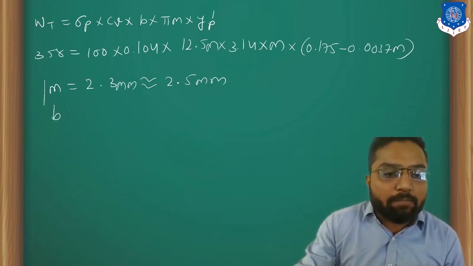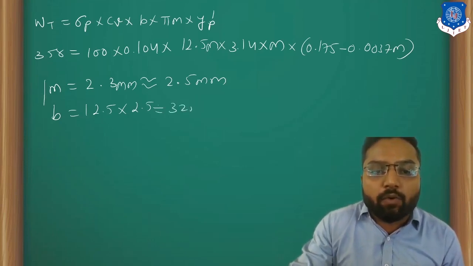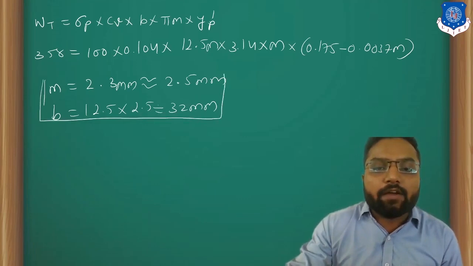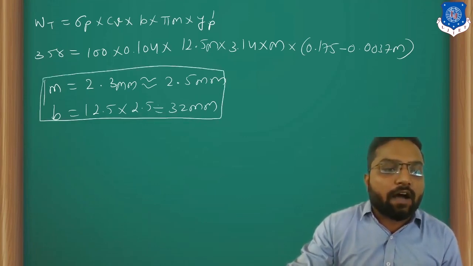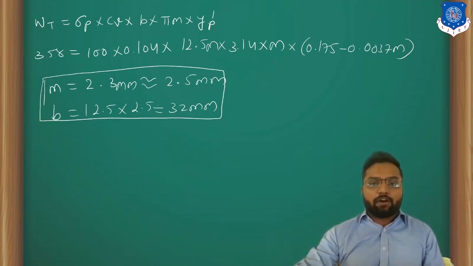So depending on that, B will be 12.5 into 2.5 mm, which is almost equal to 32 mm. So we have found out module and face width of our gear. Here we are ended with our first portion, which is to find out module and this face width.